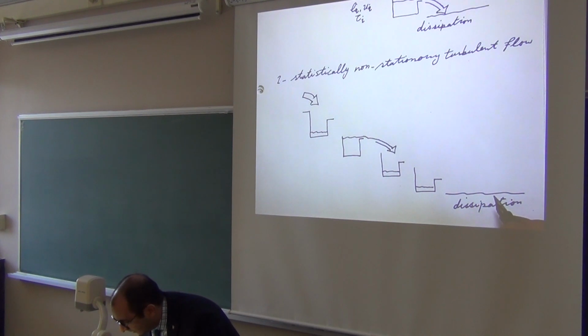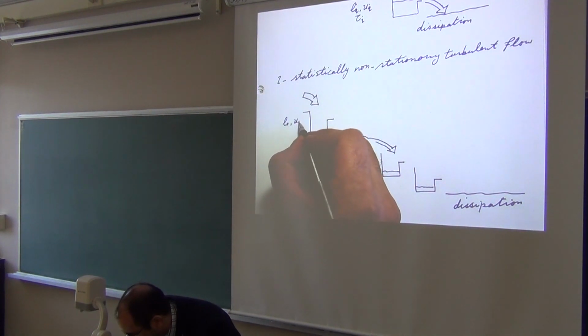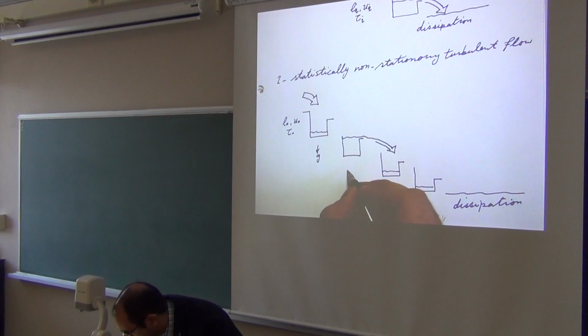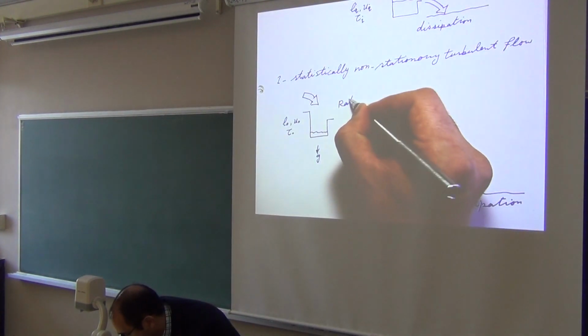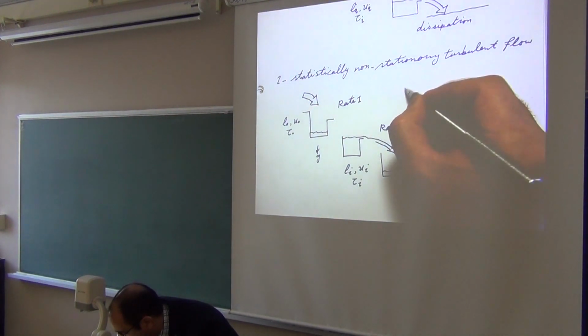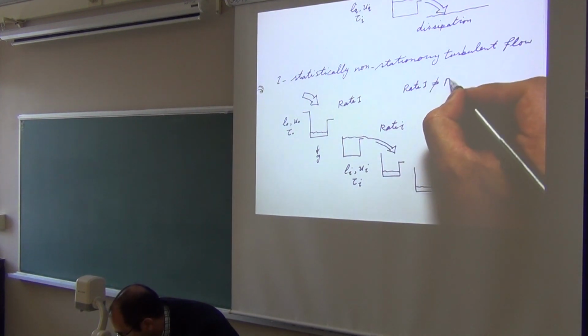This is like statistically non-stationary flow, where there is some activity for the eddies, but the rates of transfer of energy, turbulent kinetic energy, are not the same. So let's say rate 1, rate I, these rates are not necessarily the same, could be different.